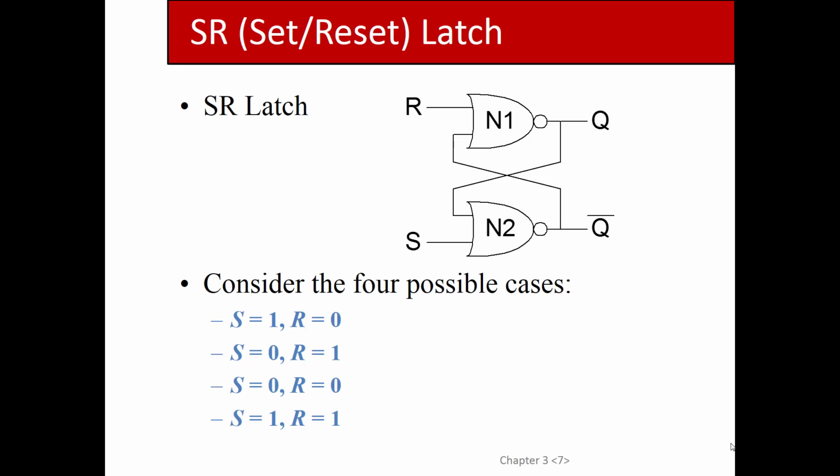You have to think of an OR gate. If you put a 1 into an OR gate, the other input doesn't matter, because you're going to get a 1 out. A NOR gate is the opposite.